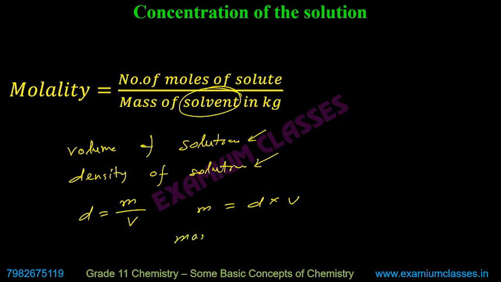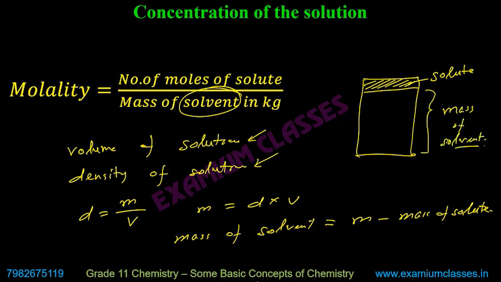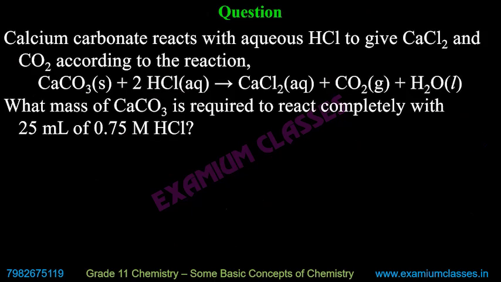Hence, to get the mass of solvent, you will subtract the mass of solute from the mass of solution. Then the remaining one will be the mass of solvent. That's what you need to remember.